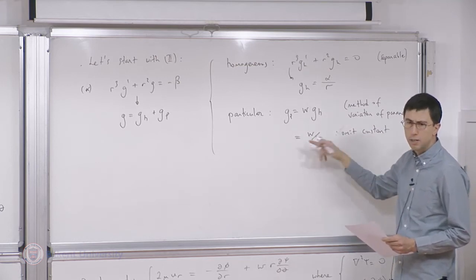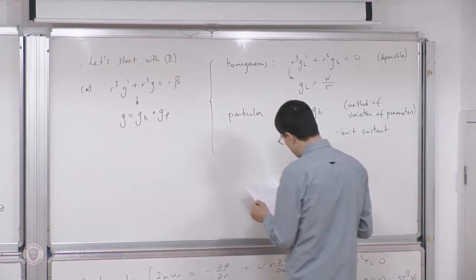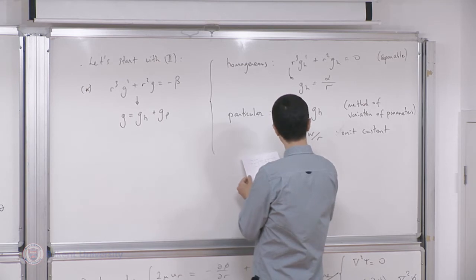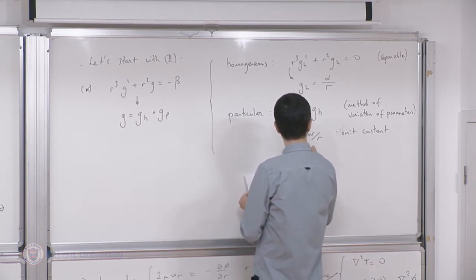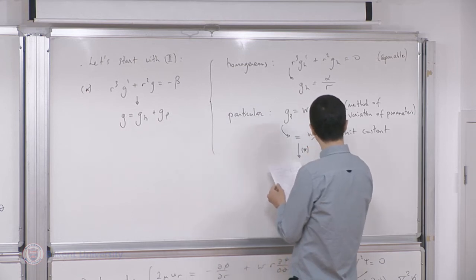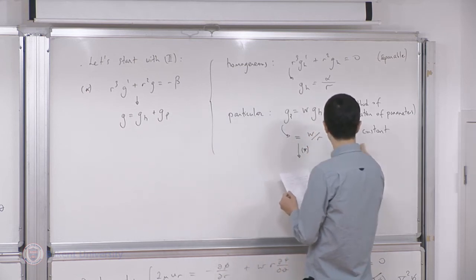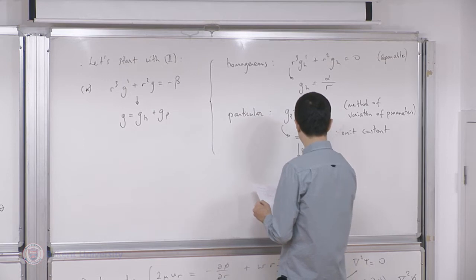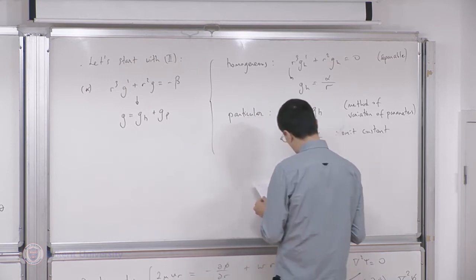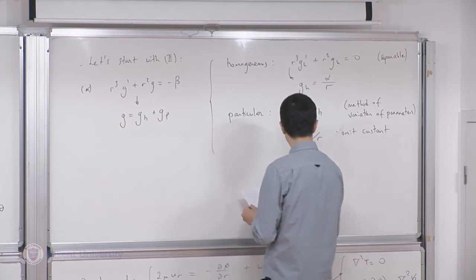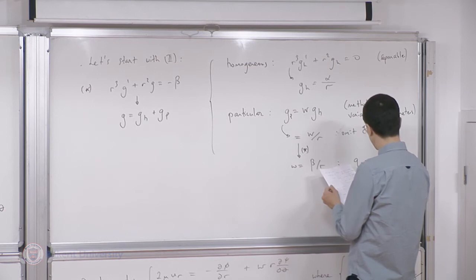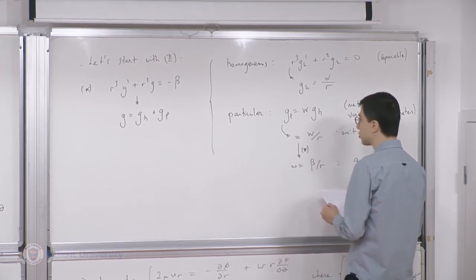It's almost like the method of reduction of order, but you're not reducing the order, you're just finding what the unknown function w is. So in this way, you find out what w is, and w is equal to beta over r, which you could have guessed, and therefore g of p is equal to beta over r squared.